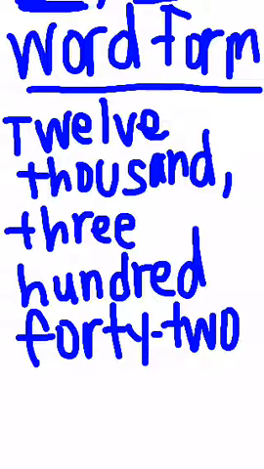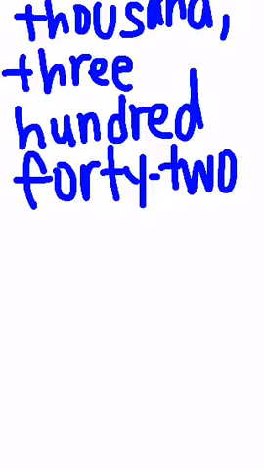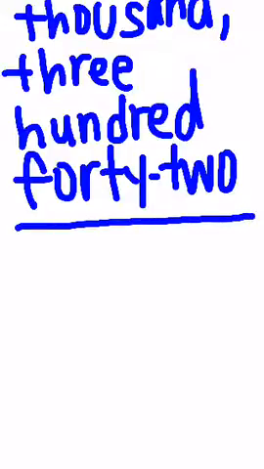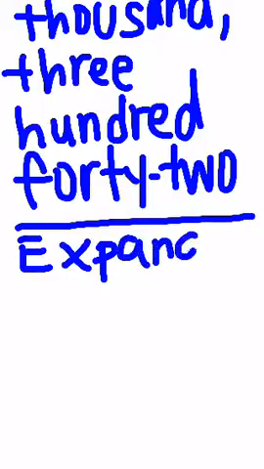The last form is expanded form. And with expanded form, you are stretching out the number. And all that means is you're finding the value of each number. So our number was, and this is expanded form.